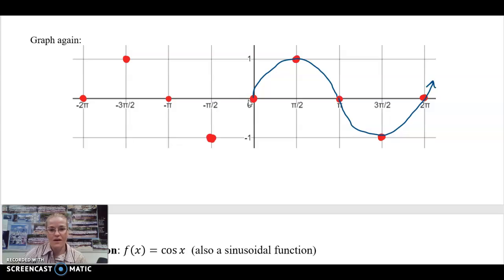And so our function again, that is sine. Sine starts at 0 and it takes 2 pi. It takes a full circle to make a complete cycle here. So this is our sine function in its simplest form.